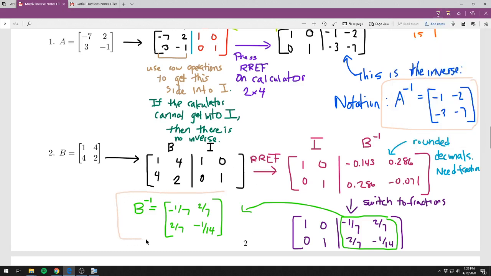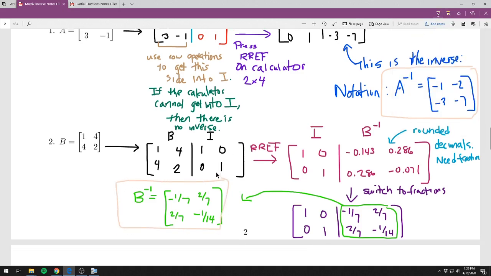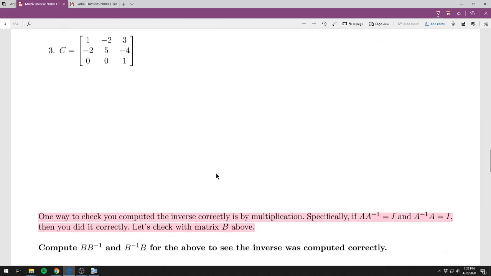We can also do a 3x3 inverse just as easily. Okay, so matrix C here, we have the matrix 1, -2, 3, -2, 5, -4, 0, 0, 1.